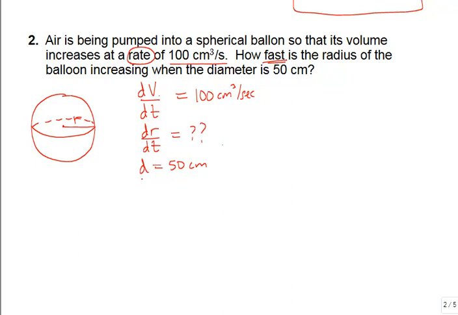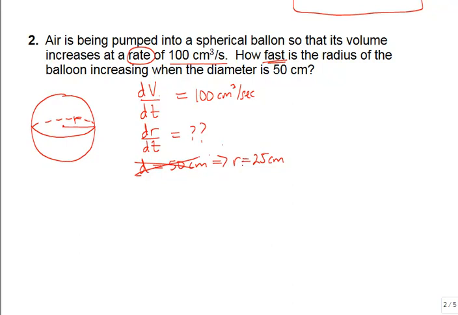Instead of thinking of diameter as being 50 centimeters, we know that diameter is twice the radius. So if the diameter is 50, that's the same as saying the radius must be 25. So instead of thinking of diameter at all, let's just think in terms of radius. That way we only have a radius variable and a volume variable, and it just eliminates one of our variables, so the equation should be simpler.